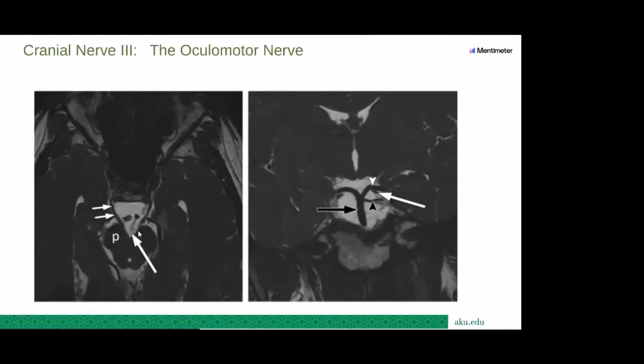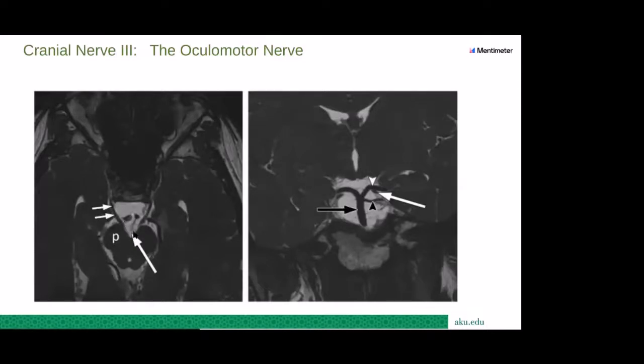You can easily see it or review it on the MRI on the steady state free precession sequence. It's at the level of the interpeduncular cistern, it goes straight and then it enters into the cavernous sinus. But on the coronal sequences, you can see one more important landmark, which is how it runs between the posterior cerebral artery and the superior cerebellar artery. So always remember this relationship of the oculomotor nerve to the posterior cerebral and the superior cerebellar artery, but you can see it on the coronal sequences only.